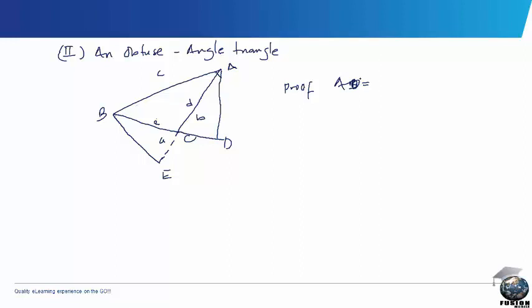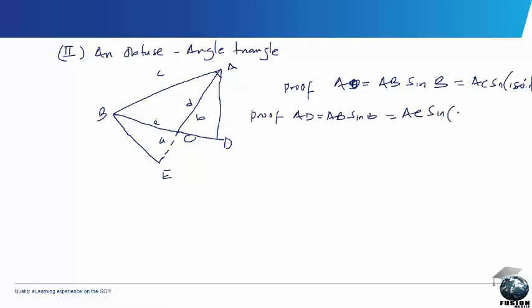Okay, fixing this side is equal to AB sine B, which is also equal to AC sine 180 degrees minus C. All right, let me make this look clearer and better. AD is equal to AB sine B, which is also equal to AC sine 180 degrees minus theta.